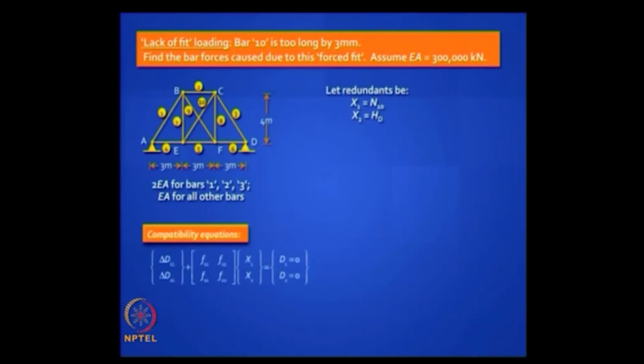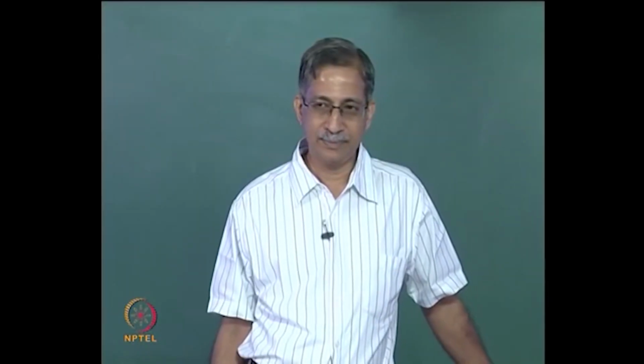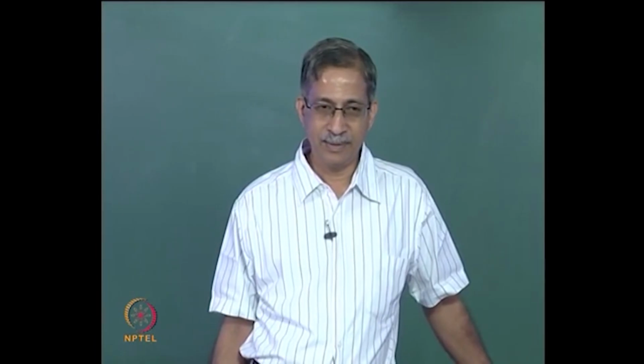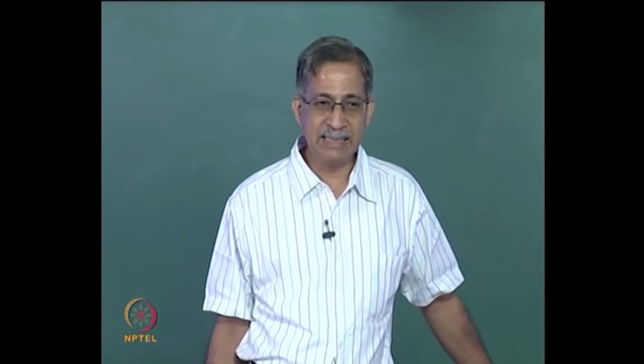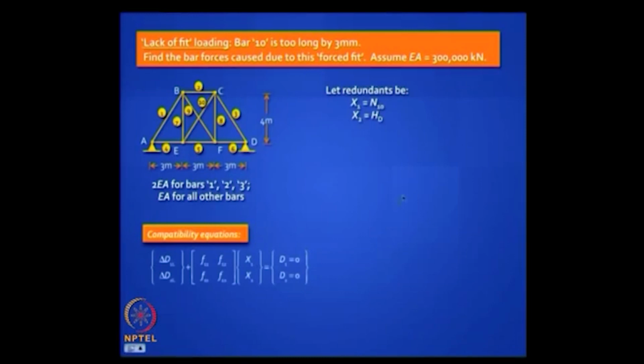How will you get delta d1L and delta d2L? This is not as easy as the previous problem where you had a rigid body movement in your beam. How will you find this out? What is delta d1L and delta d2L? What does this physically mean?